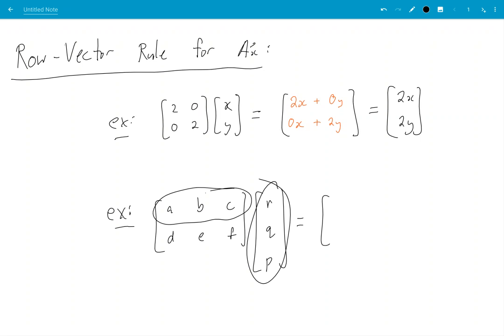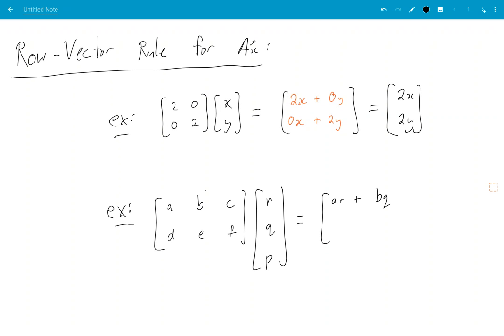You in a sense multiply these two things. You take this row and you take this column and you multiply corresponding entries. So first entry here with the first entry here, plus second entry times second entry, plus third entry times third entry.